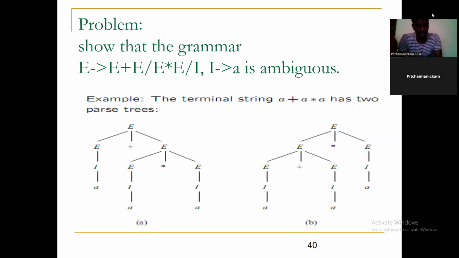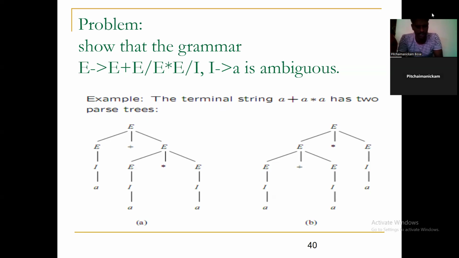If the problem does not give any input string, you can give the terminal string A plus A star A. So we take the input string as A plus A star A.